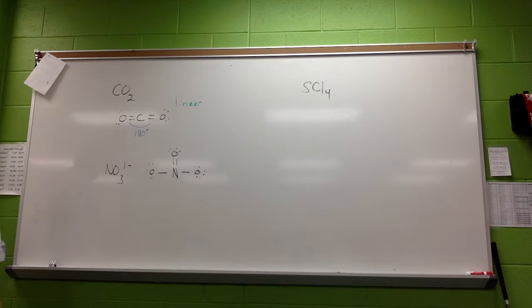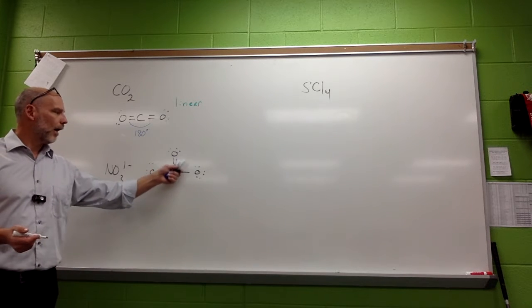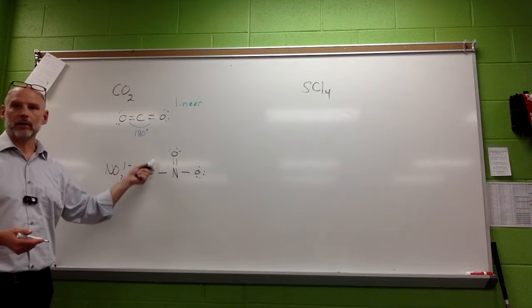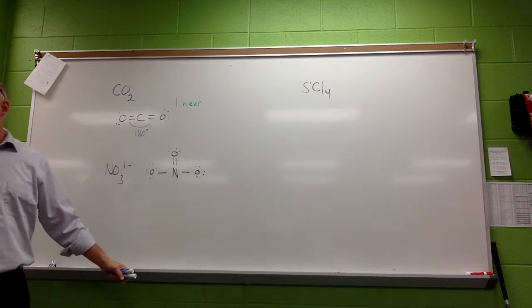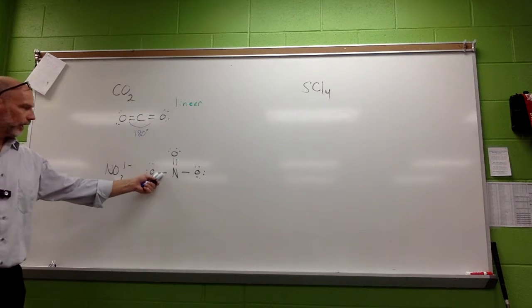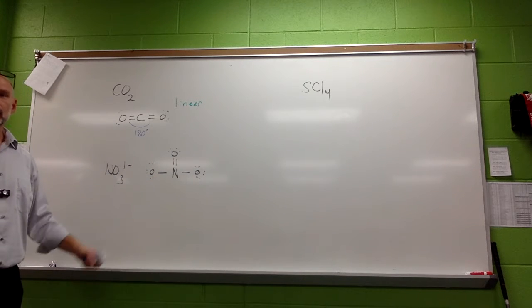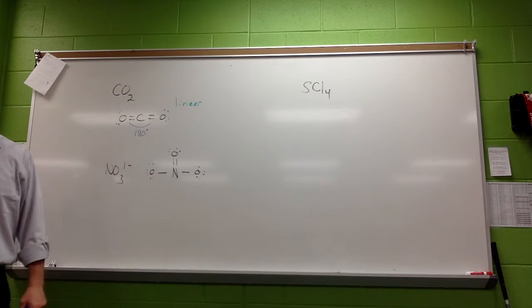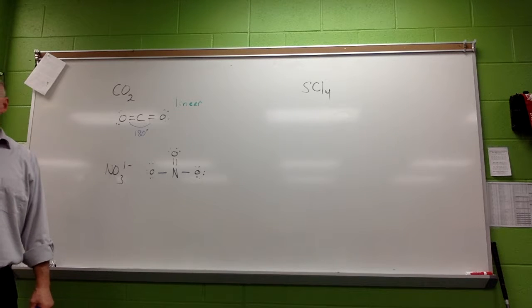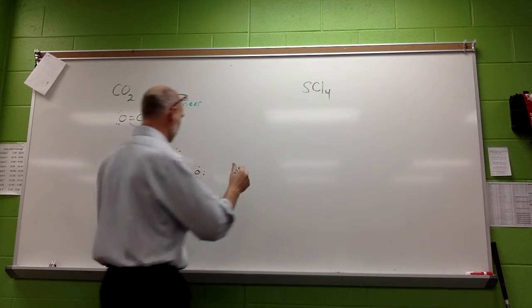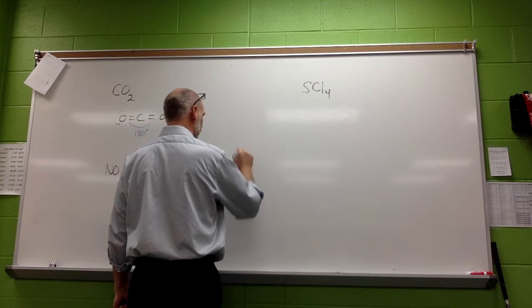Would you agree? Okay. With that being said, how many electron regions are there about the central atom? 3. Here, here, here. Just let it go. There's 3. So what's that going to make us draw? A trigonal planar. So we're going to draw a trigonal planar.